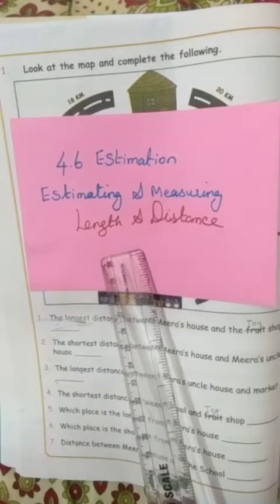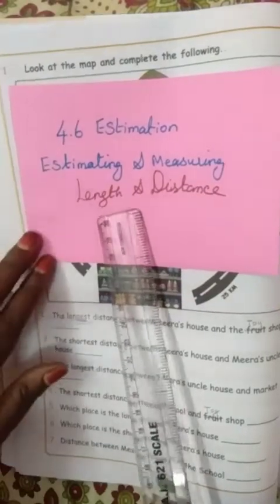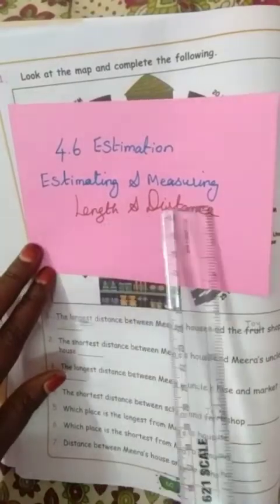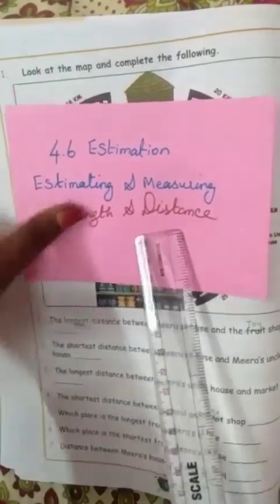Today in the maths class we are going to see 4.6, estimating and measuring length and distance. To do this, look at the map and we are going to complete these things.